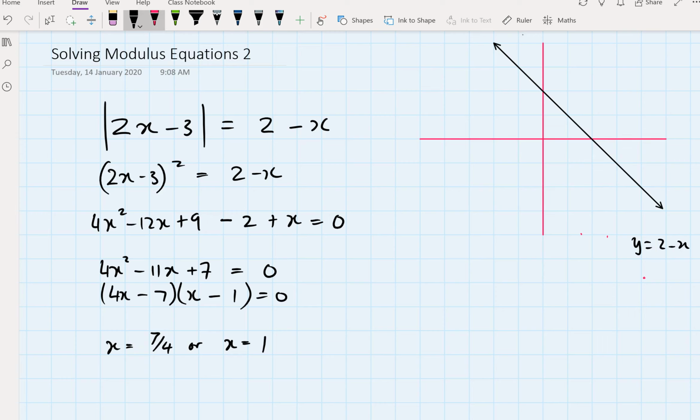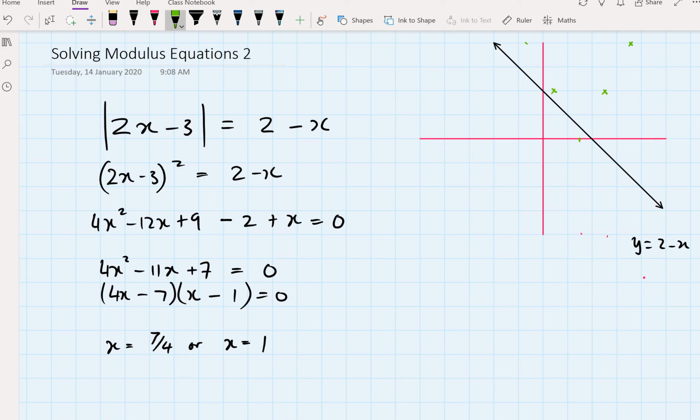Then I've got the modulus graph, 2x minus 3. The critical value is the value that makes that bracket 0, which will be 1.5, so it's somewhere over here. The gradient is 2, so I'm going to go across 1 and up 2, across 1 and up 2, and match those.